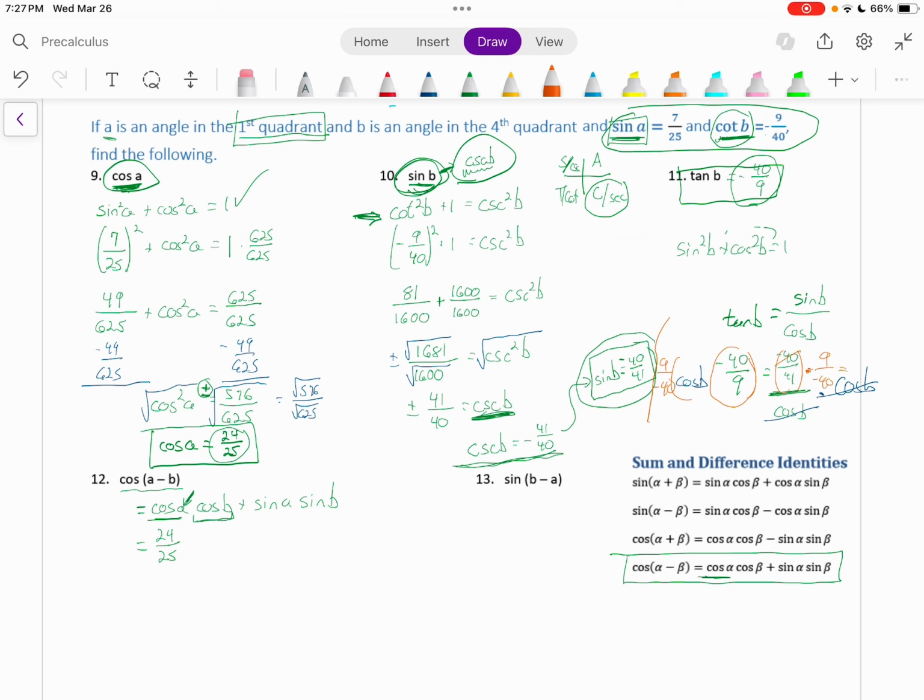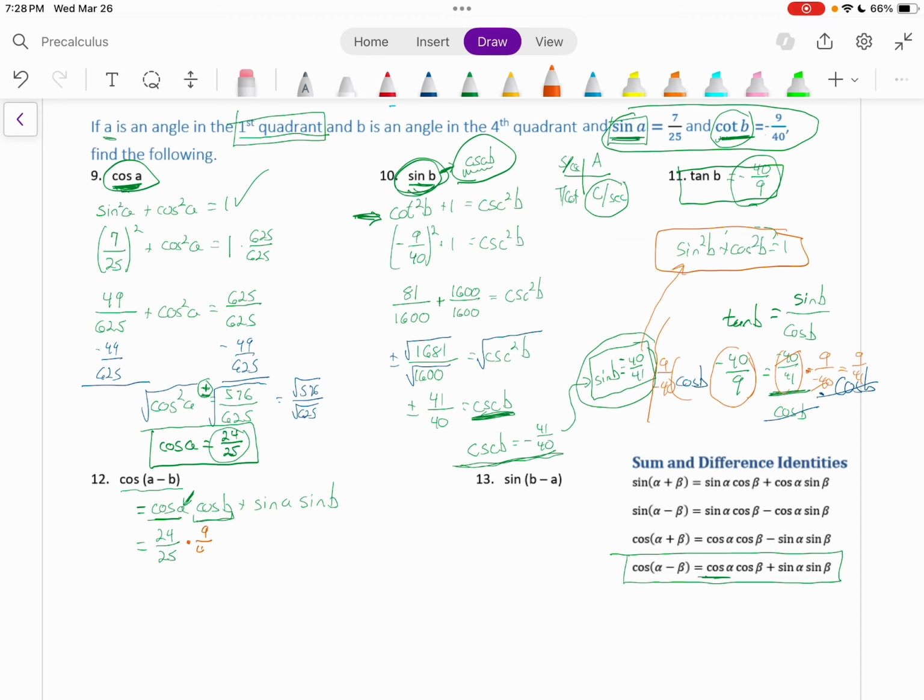And the negative 40 cancels with the negative 40, and we get 9 over 41. So that's one way to do it. I actually thought it was going to be easier, but maybe it's just easier to do this, knowing that sine is negative 40/41. So you could have gone through it that way. But regardless, you get 9 over 41.